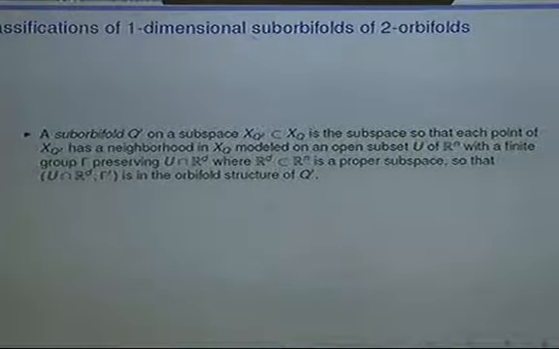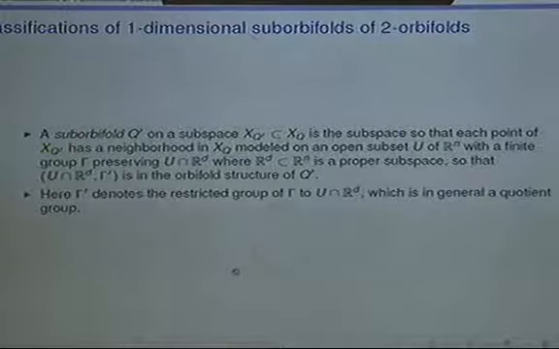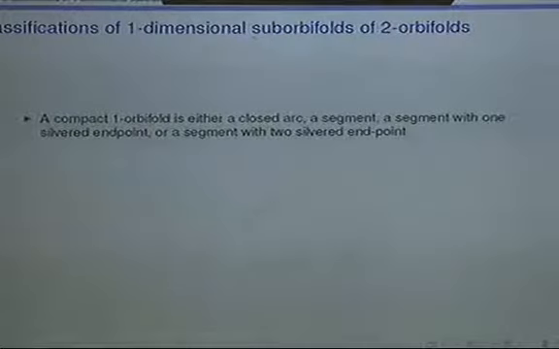So in this case we want nice embeddings that preserve this subspace structure, because we want to do some geometric constructions. Here gamma prime is the restricted group.